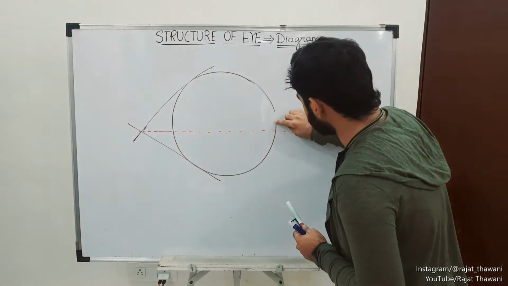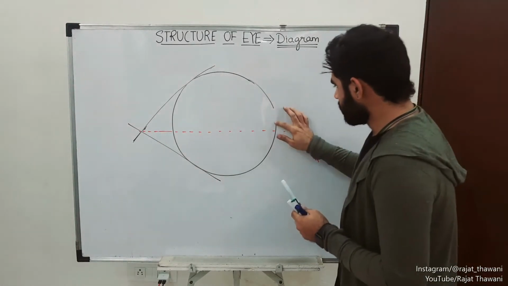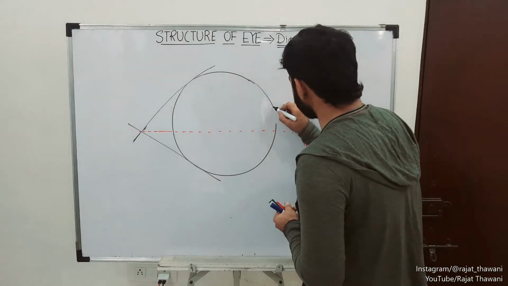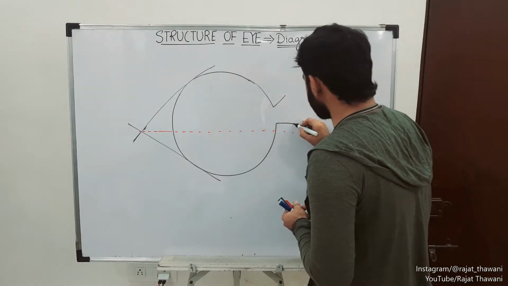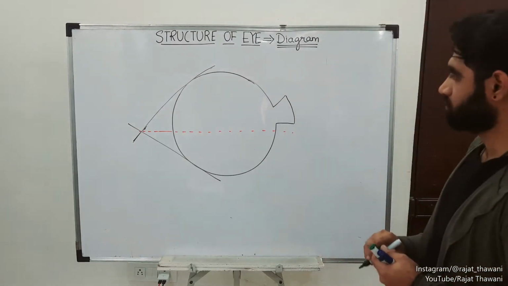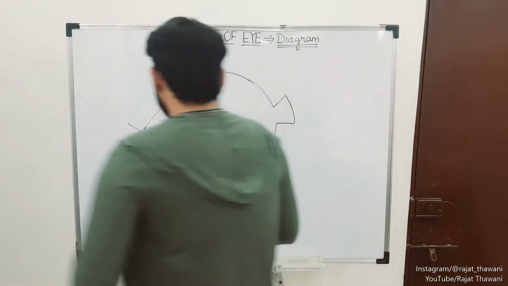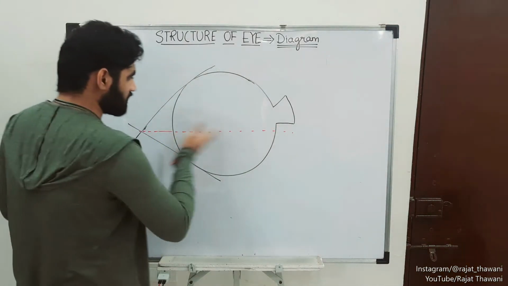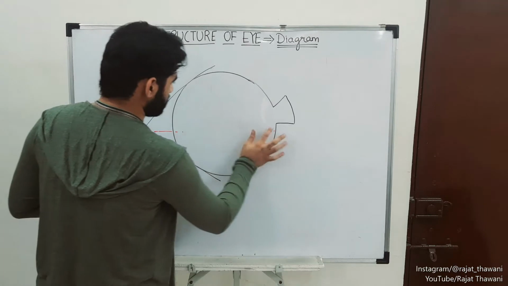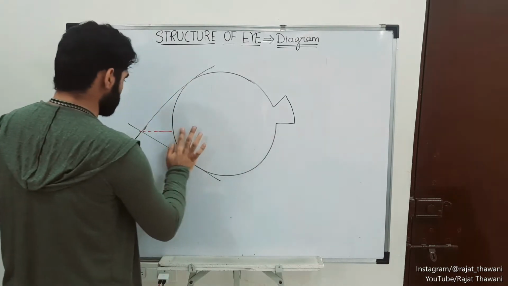Just rub a bit of the portion and make an outlet for the optic nerve in this way. After this, once the line's work is done, you can erase the line. There's no problem in keeping it either. The work is done.